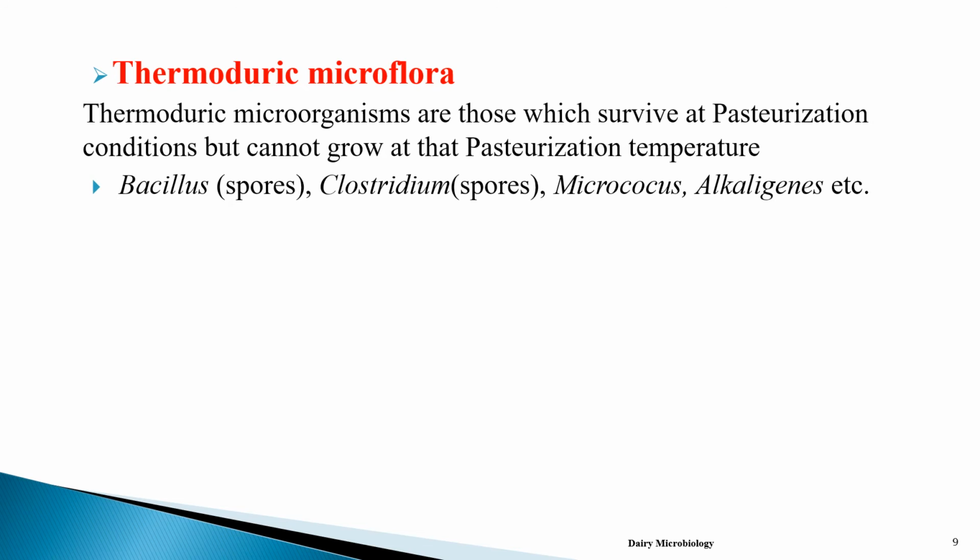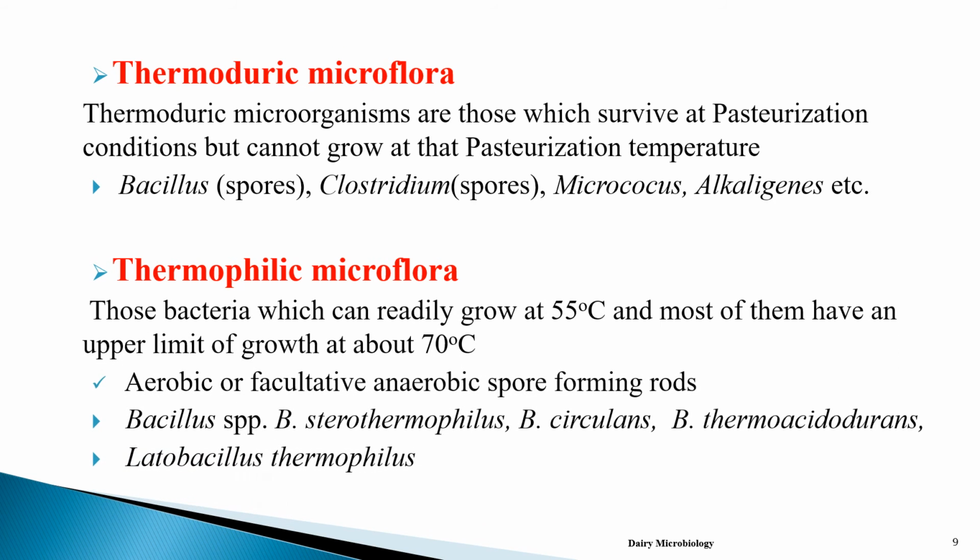Examples of thermoduric microflora include the spore-bearing Bacillus and Clostridium species, Micrococcus, Alcaligenes species, etc. Next to thermoduric microflora is thermophilic microflora, which includes the bacteria which can grow at a higher temperature, near about 55 degrees Celsius.